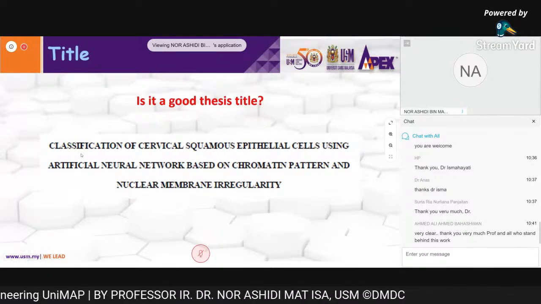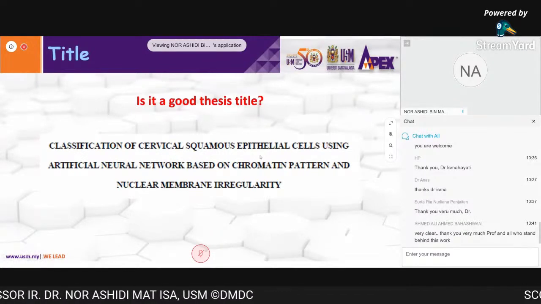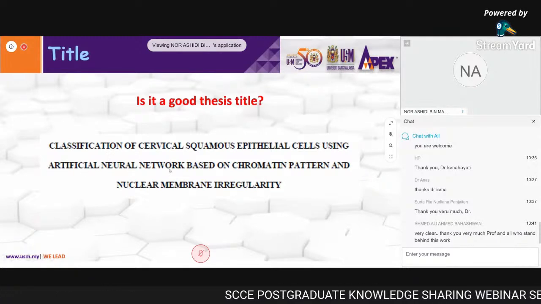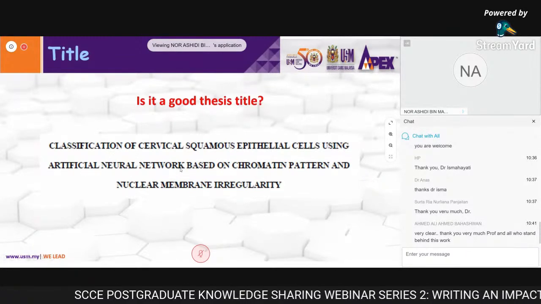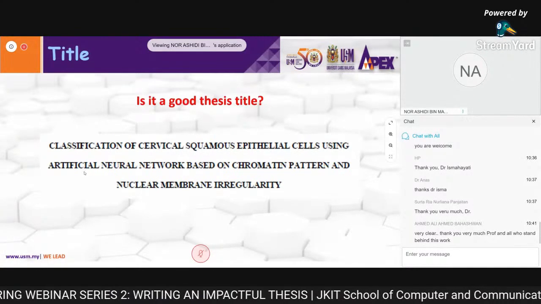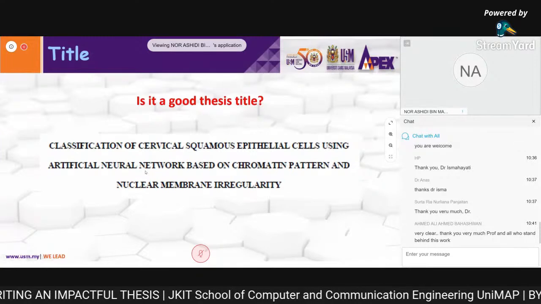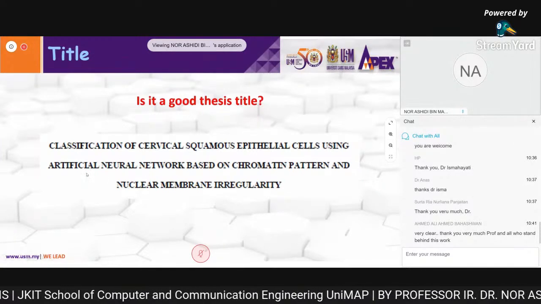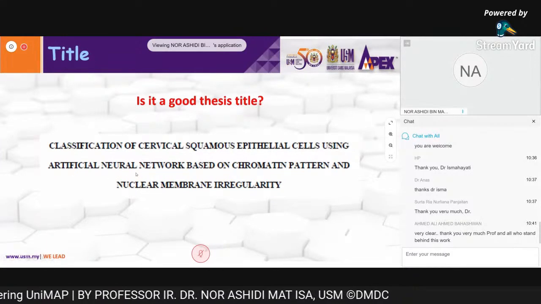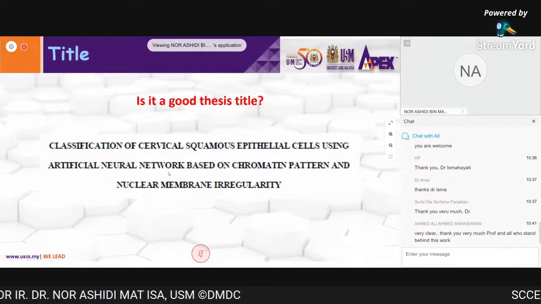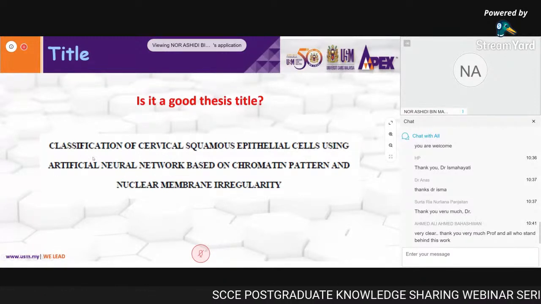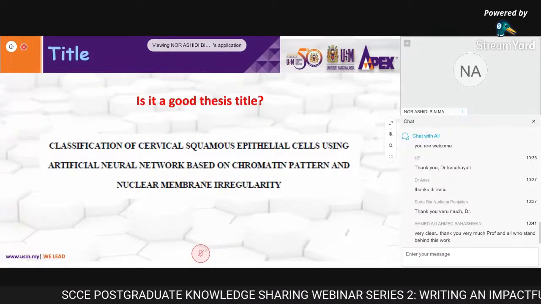So he or she tried to classify the cervical cell using artificial neural networks. It is quite general, but acceptable, because the student used several types of neural networks, so it is not practical to specify the types. That's why we use artificial neural network as a general term. And how? By using the chromatin patterns and nuclear membrane.